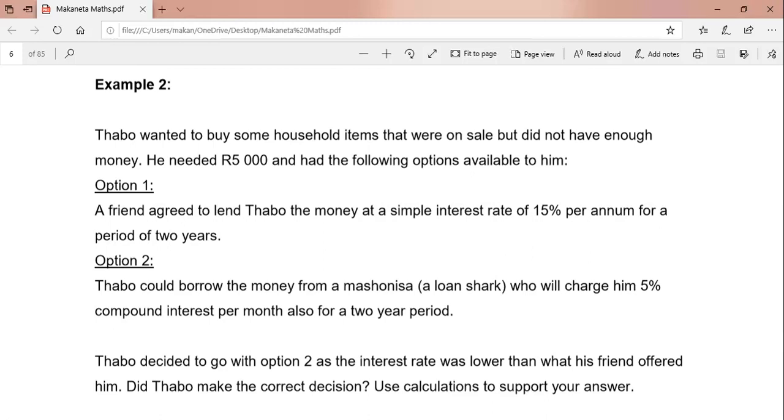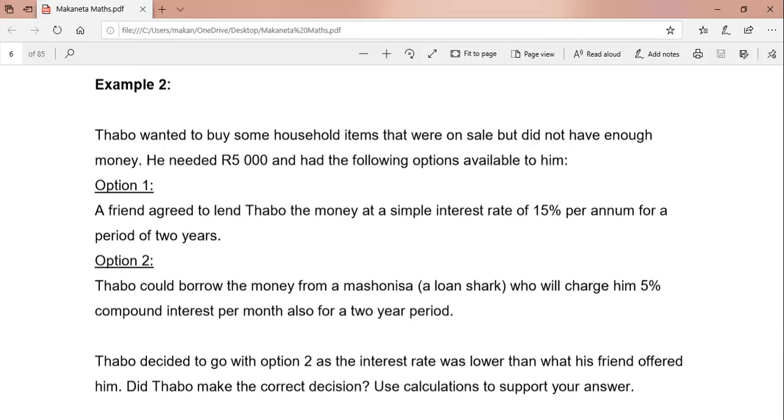And the compound interest, A will be equal to P open bracket 1 plus i close bracket to the power of n. Now, 15% sounds too big. It's bigger than 5%. There's no doubt about that.